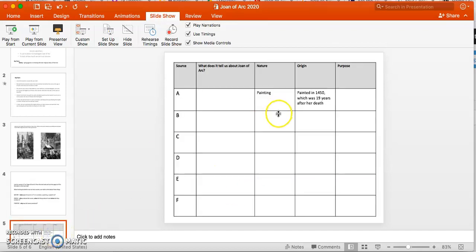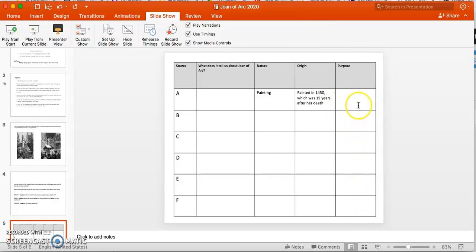So, as you can see, the nature here for source A, if you can see that on page 40, it's a painting of Joan of Arc, painted in 1450, 19 years after she died. Now that might give you some ideas about whether you want to necessarily trust what that source says.